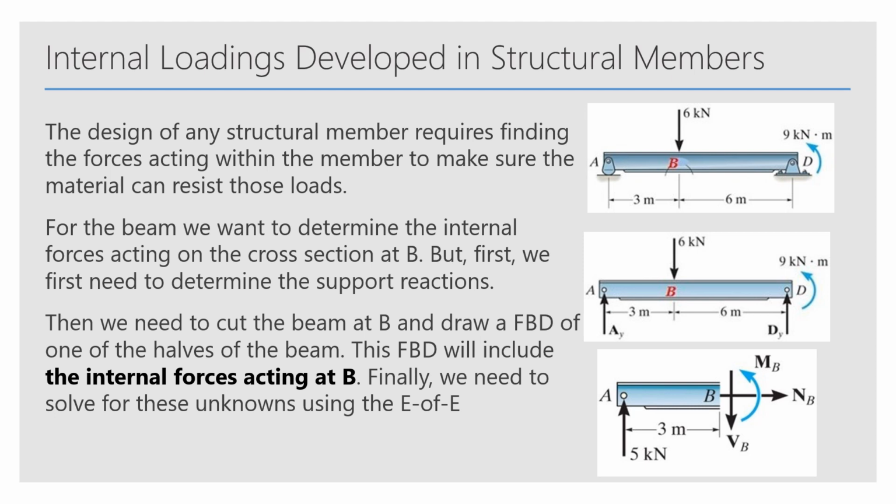Then we need to cut the beam at the point B, which is the point of interest, and then draw a free body diagram of the halves of the beam. The free body diagram would include the internal forces that are acting at the point B. And finally, we need to solve these unknowns using the equilibrium equations.